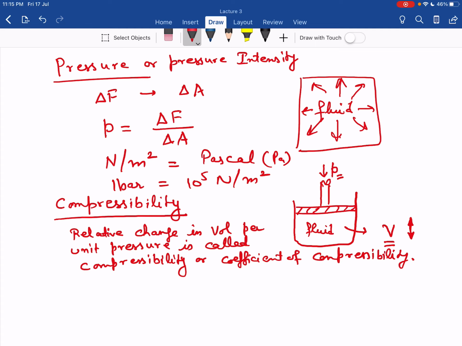Okay, so that we denote by symbol beta C. Now the formula for beta C is minus 1 upon V dV upon dP.